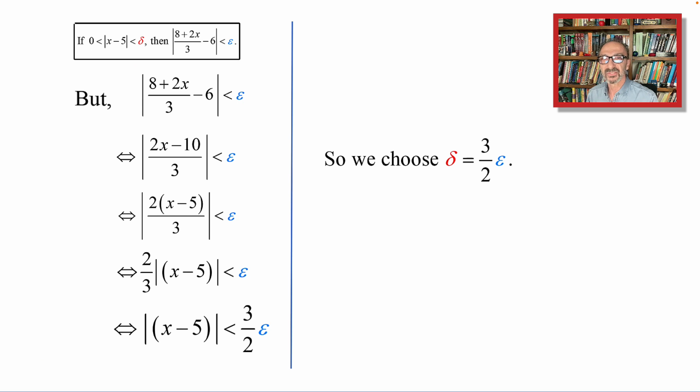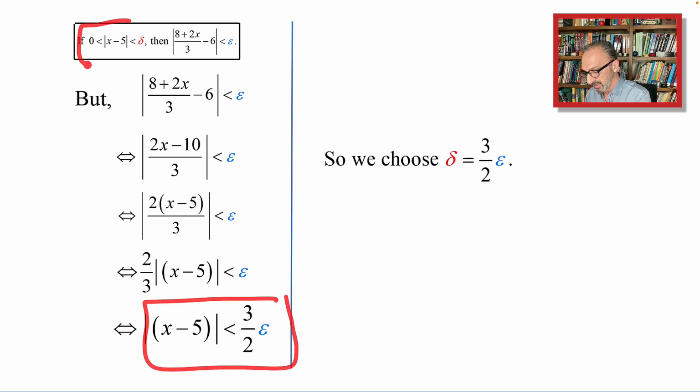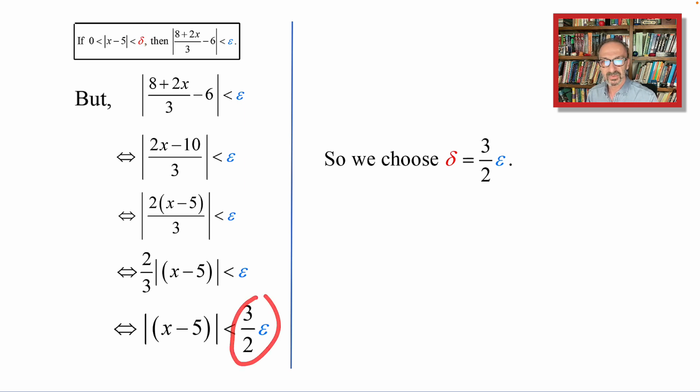We need an x minus 5. Once you compare this with this back and forth, you can tell that the right hand side is delta here and the right hand side is 3 over 2 epsilon. And that's why we say we choose delta equals 3 over 2 epsilon.